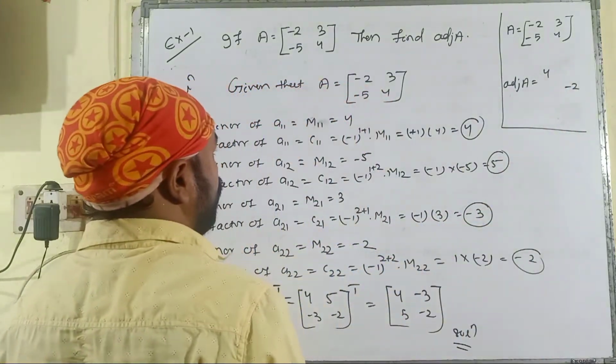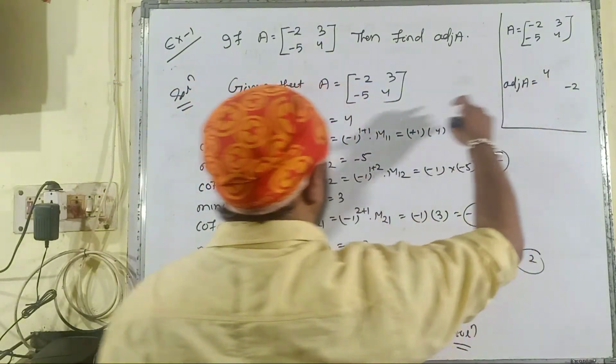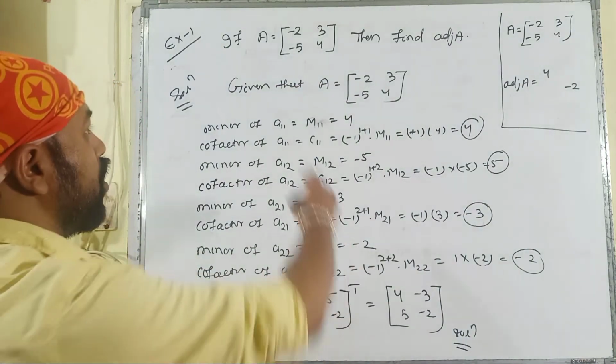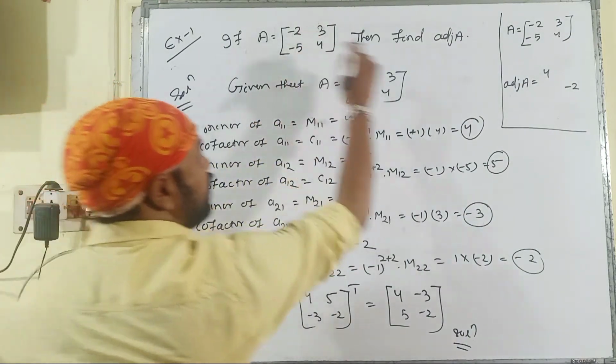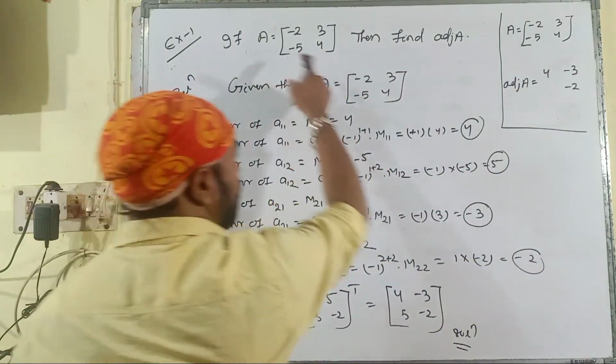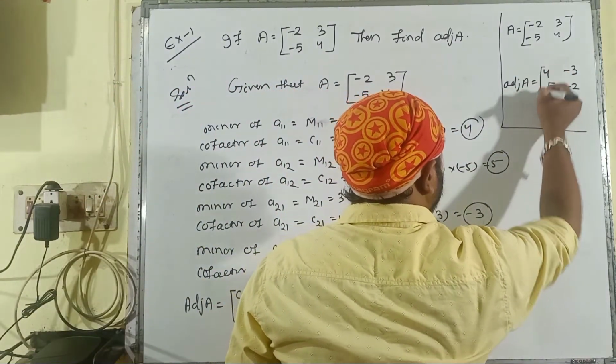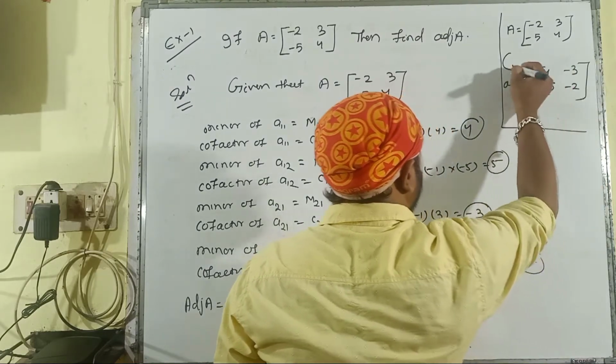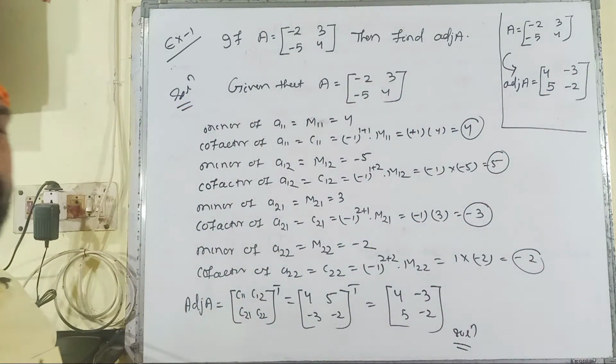Then we just have to change the signs of the off diagonal elements. Here 3 is plus, then it will be minus. Here 5 is minus, then it will be plus. Just a simple procedure to find the adjoint of a square matrix.